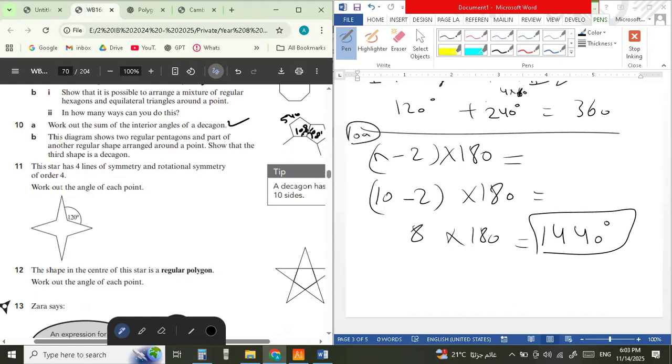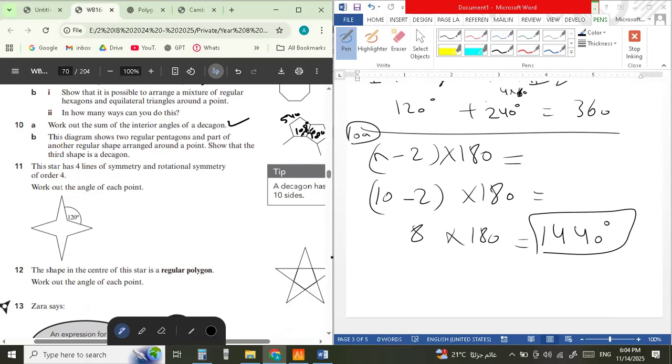So the interior angle of a regular pentagon is 108 degrees. If I forget, no problem: follow the rule, n minus 2 times 180 divided by n, where n is 5, because I have 5 sides for the pentagon. So the interior angle here is 108.